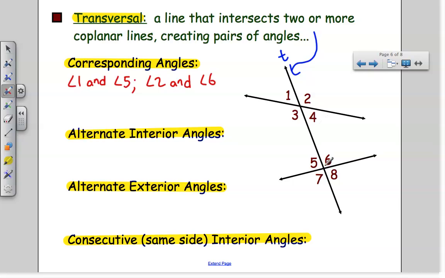They're on the right of the transversal. They're above both of those lines the transversal crosses. Corresponding places in that picture. And let's say you were going to make angle 3. You'd probably take your right hand, put your thumb this way, and extend your fingers out that way, kind of turning your hand. And you'd slide your hand down, and you'd come to angle 7. So angle 3 and angle 7 are corresponding angles.